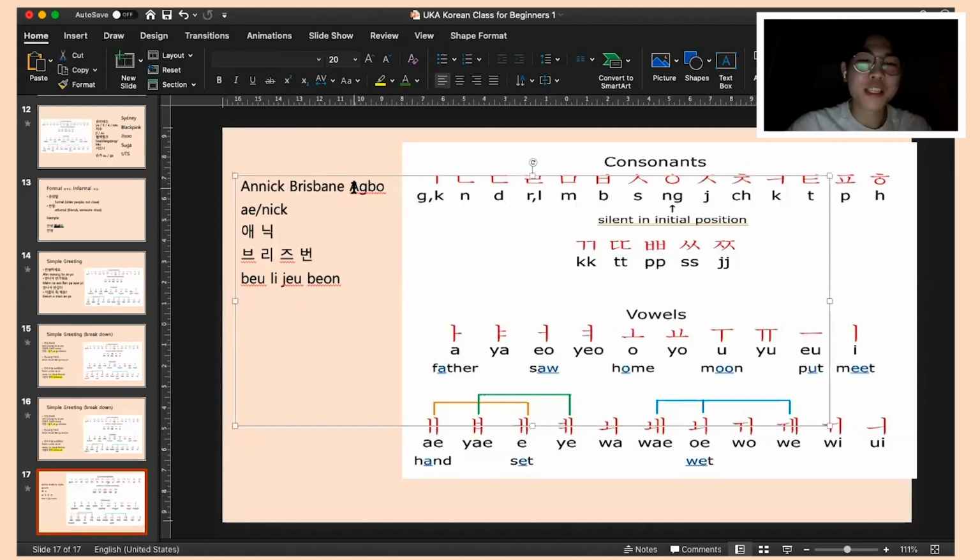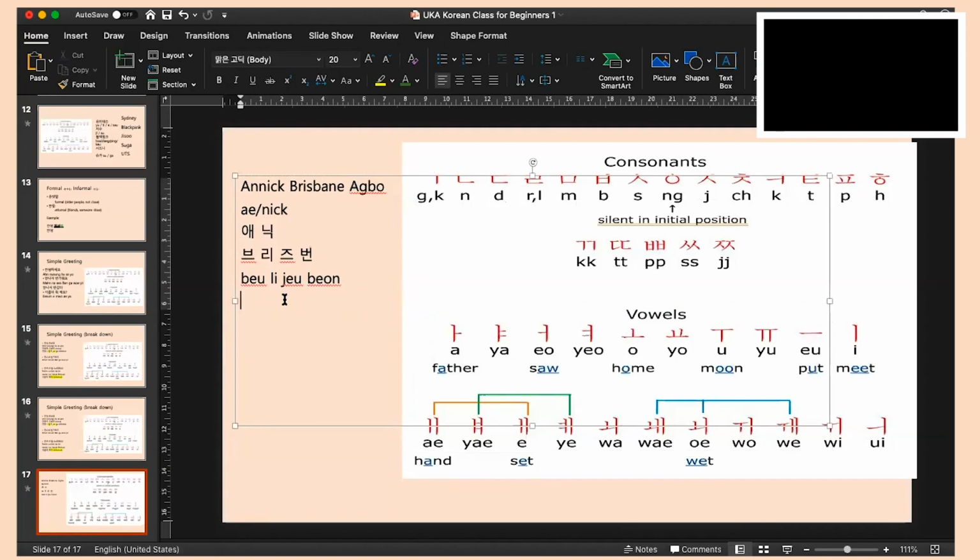And how would you pronounce your last name? Agbo. Okay. That's a hard one. Yeah. Or Agbo. If you really want to get your name like actually how it sounds like, this is Agbo. Yeah.